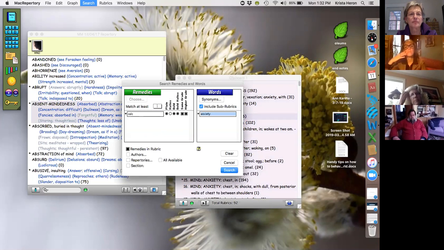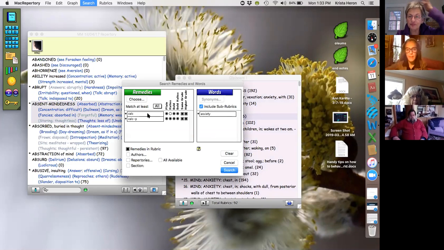Tell me if everyone's in this box. Yes. Okay. And let's say we're trying to make a differential between calcarea and calc-phos. So you click on the box that has calc with the return button, and it drops down and makes a new box. Did everyone do that?